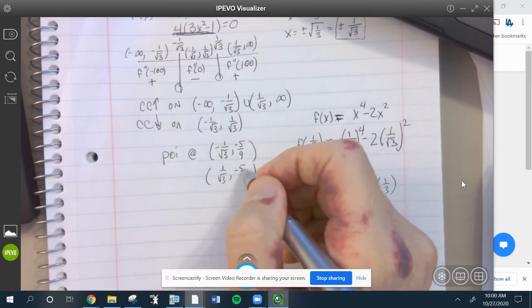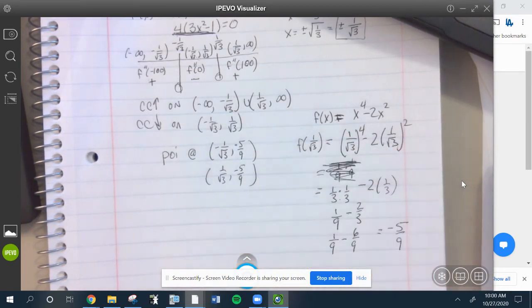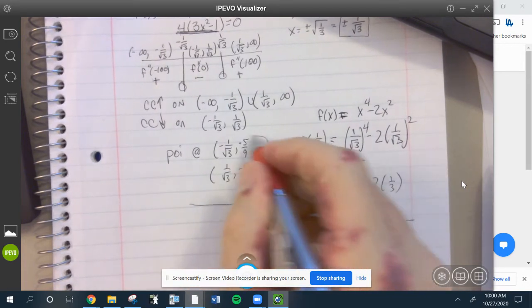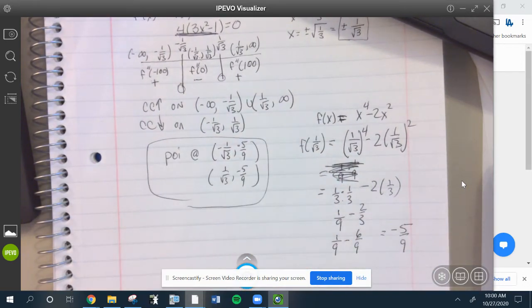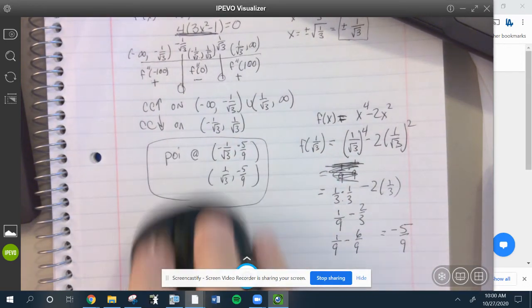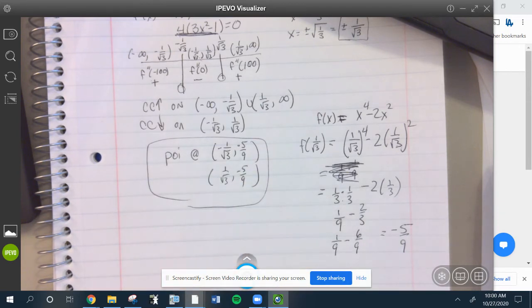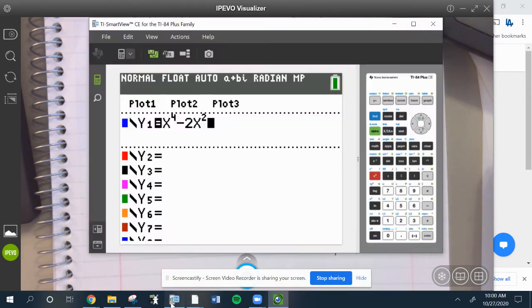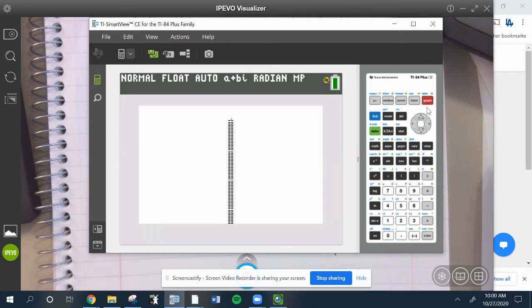Now that was a very messy problem, so I'm going to want to check. Now it's hard to get an exact check on points of inflection, but we're going to do the best we can. There's the graph. My zoom looks out of whack, so let me zoom standard.